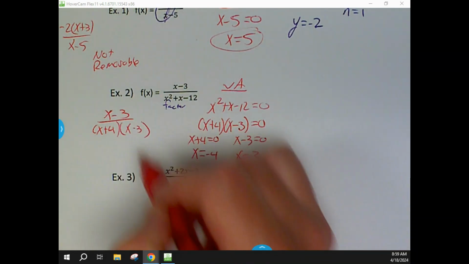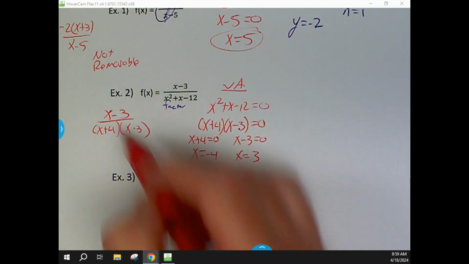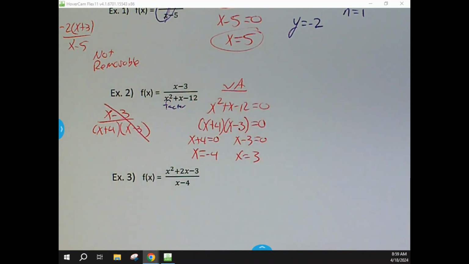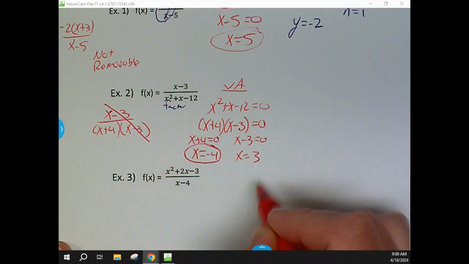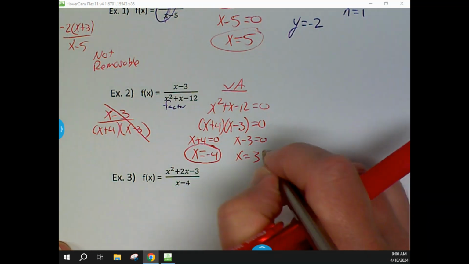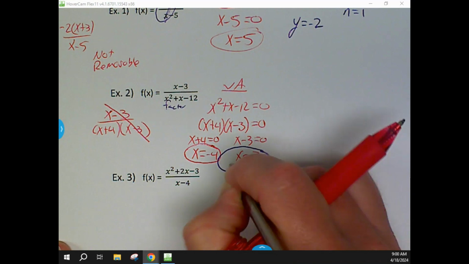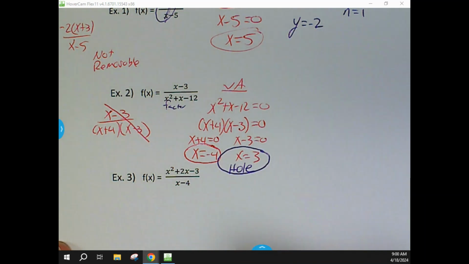And these two things cancel, right? You've got x minus 3 over x minus 3. Where these two things cancel, that gives you a gap. That's the break in the fence, a gate we can get through, the part where we can jump from one side to the other. So for this one, x equals -4 is actually a vertical asymptote. x equals 3 is going to be a hole in the graph.